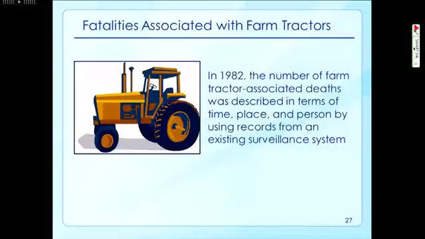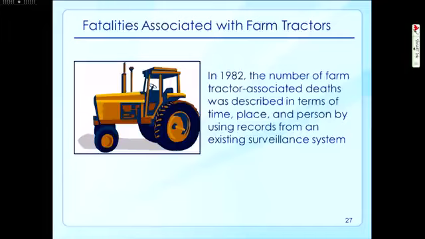So he obtained the death certificates for all of the deaths from 1971 through 1981 that were associated with farm tractor incidents. After collecting the data, he described the problem and then actually used the information to generate hypotheses.